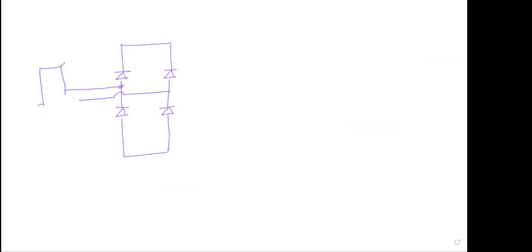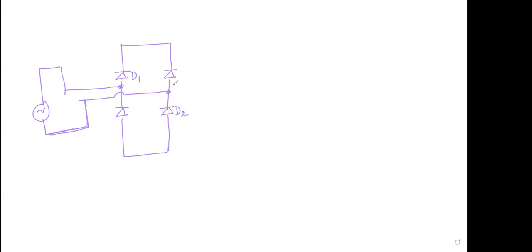Okay, let us analyze this one now. I am drawing the same figure. Why am I drawing again and again? So that it will be easier for you to draw.